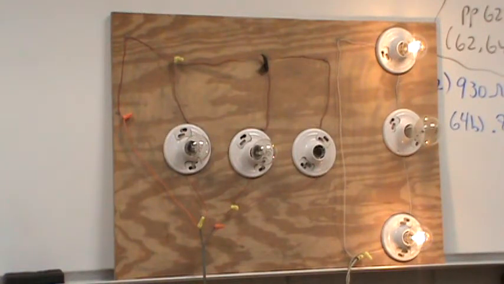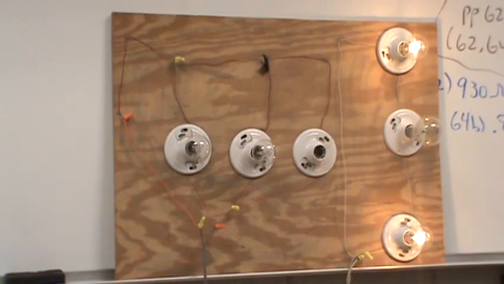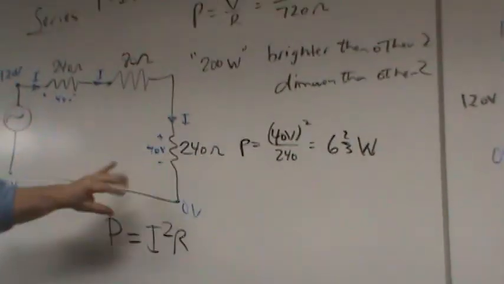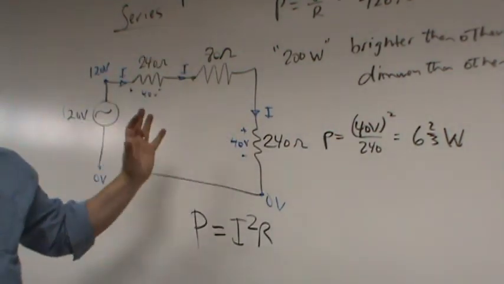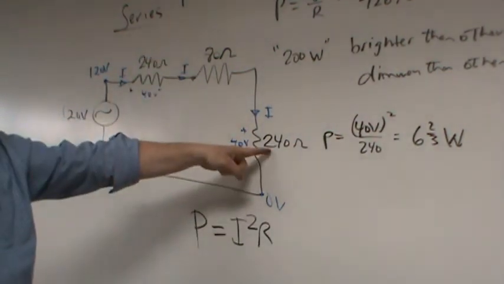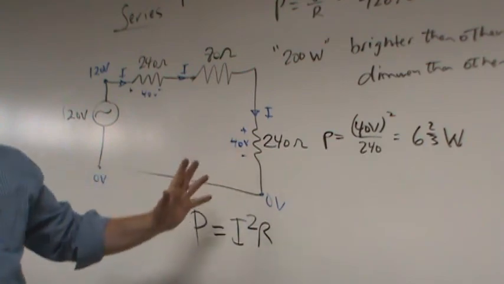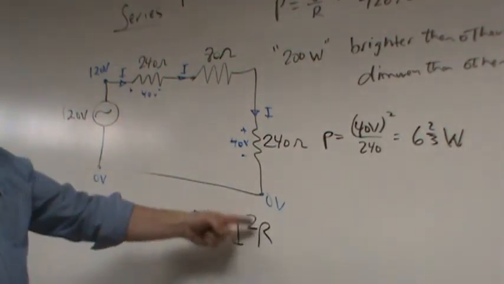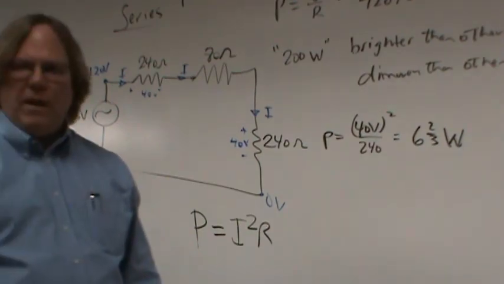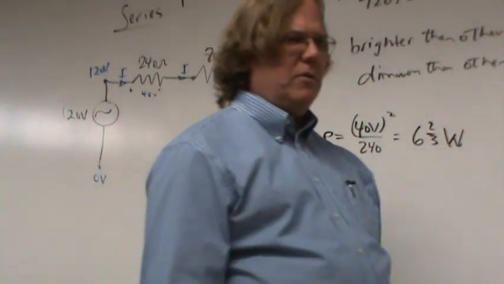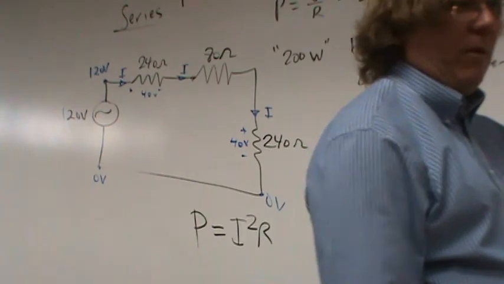By replacing a 240 ohm bulb with an 80 ohm bulb, I've reduced the equivalent resistance, which means I increased the current through every single bulb, and now this bulb is getting more current than it got before. And its power is I squared R, same resistance, more current, brighter. Absolutely, that's the reason. Good job, Alejandro. That would be on an AP exam, that would get you full credit.